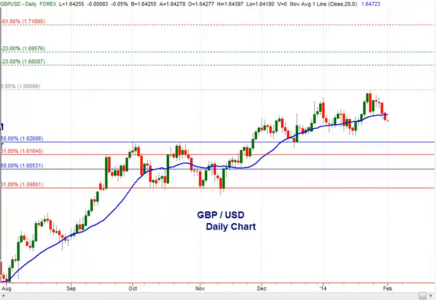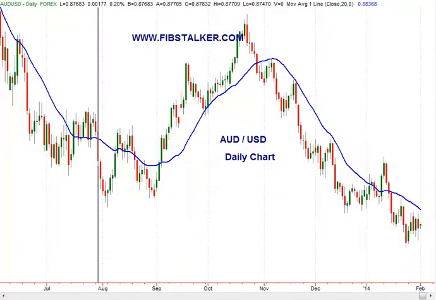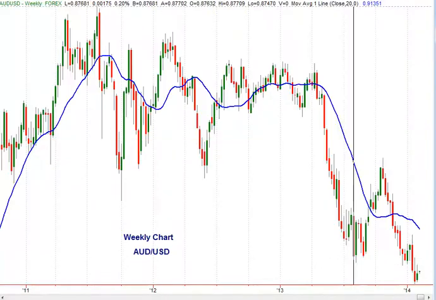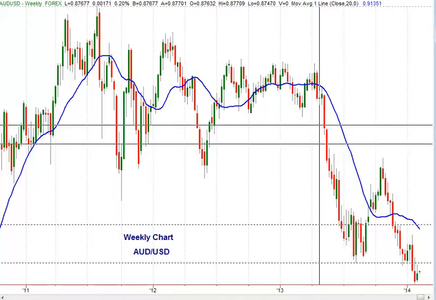Moving to the Australian dollar versus the US dollar, we know that from the weekly chart, and I want to show the weekly chart once again here. We have this trace from highs to lows, showing a level of resistance and a target.